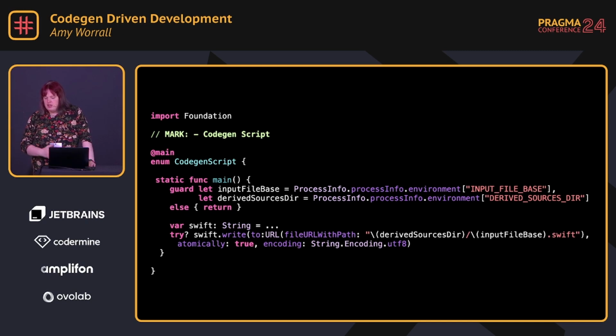The main concept of this script is we do whatever it takes to generate some Swift code. And then the code that we've generated, we will write it to a new file that's named the same as the input file we're looking at with a .swift, and we'll write it out into derived sources.